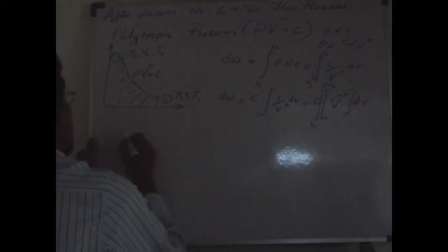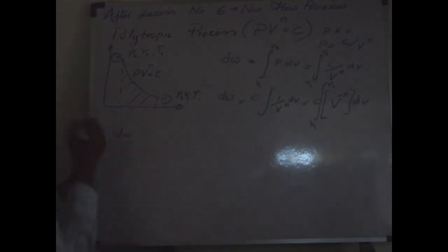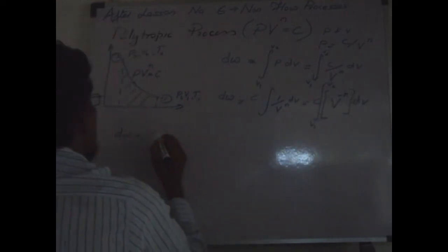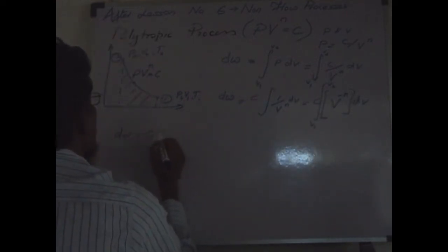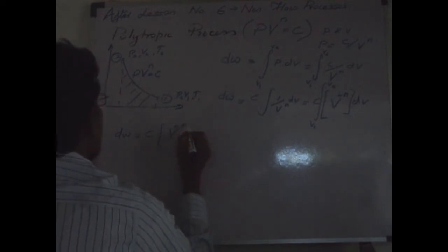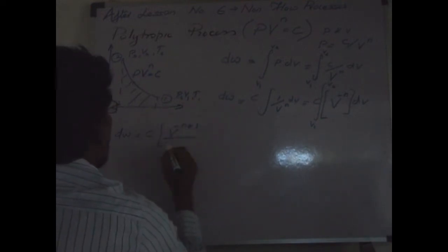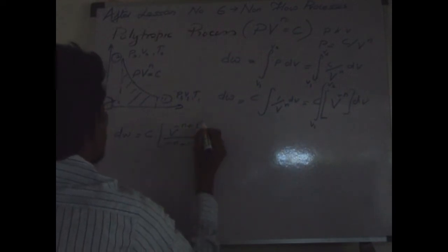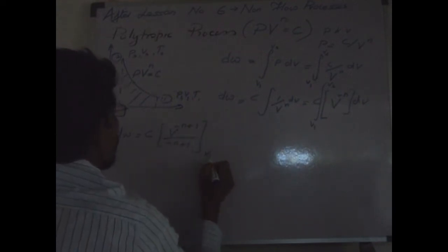So again dW is equal to, if you integrate V to the power minus n, what do you have? C is outside, V to the power minus n plus 1 over minus n plus 1, from V1 to V2. This is integration, right?